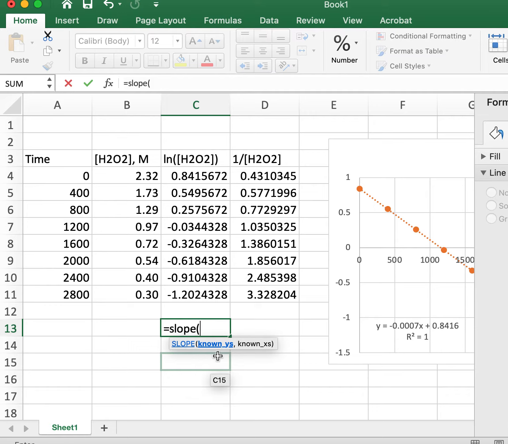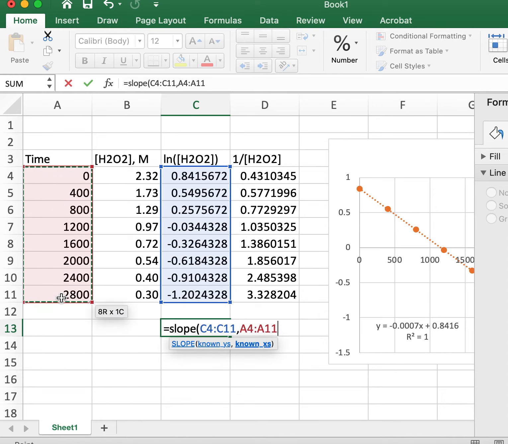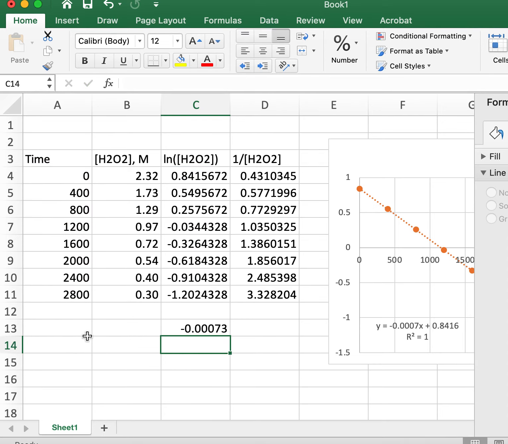And you can see it's asking for known y's, comma, known x's. So I'm going to highlight my known y's, hit the comma, then highlight my known x's, close the parenthesis, and now it tells me that the slope is minus 0.00073, and I get one more sig fig, and I'm going to be happy with that.